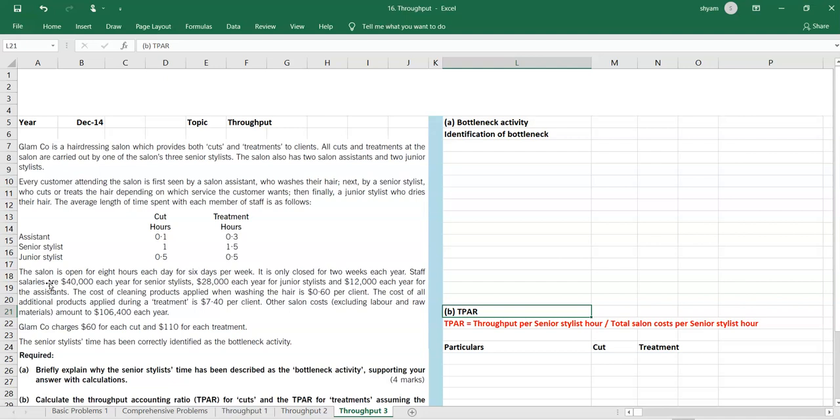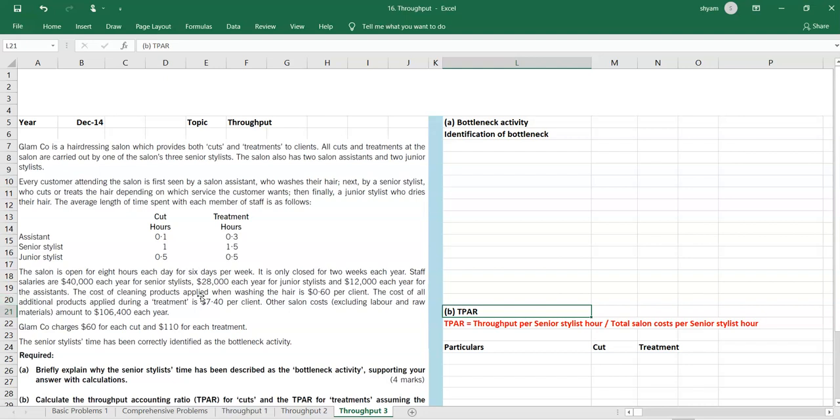Staff salaries are 40,000 each year for a senior stylist. So this is the cost for each stylist, it is 40,000. 28,000 each for junior stylists. As it says junior stylists, it's going to be for each of them. And 12,000 each year for the assistants.